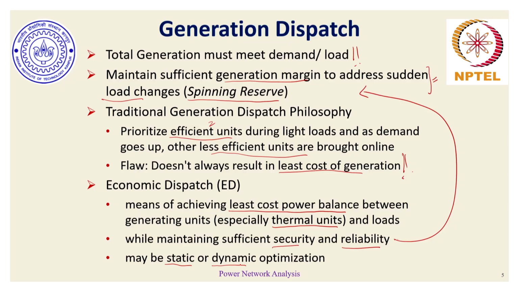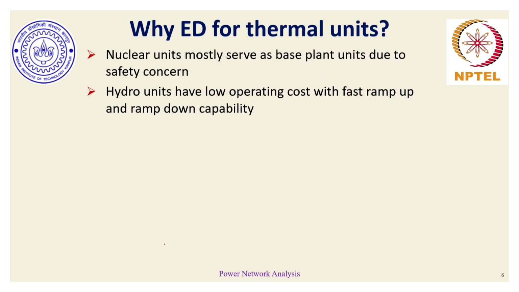So if we try to ensure power balance while maintaining security and reliability for a time period, let's say 24 hours, then that would be called a dynamic optimization based economic dispatch. This is just for the sake of discussion. For our discussion, we'll focus on a static framework for economic dispatch for simplicity.